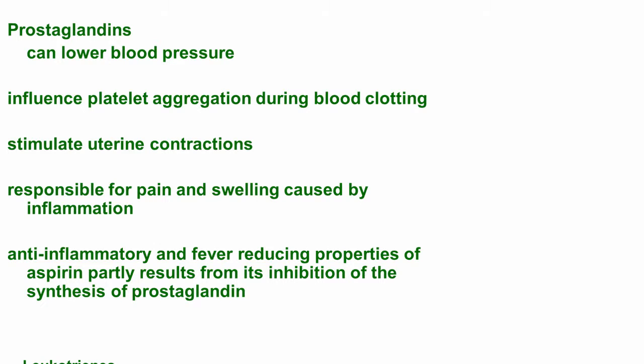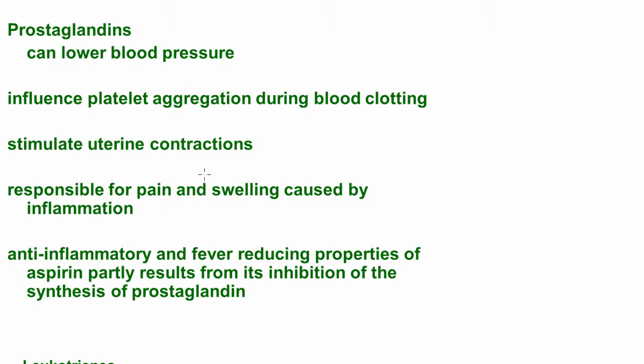Prostaglandins are responsible for pain and swelling that's caused by inflammation. So we talked about, for example, aspirin for inflammation, pain, and swelling. And what that does, it inhibits the synthesis of the prostaglandins.